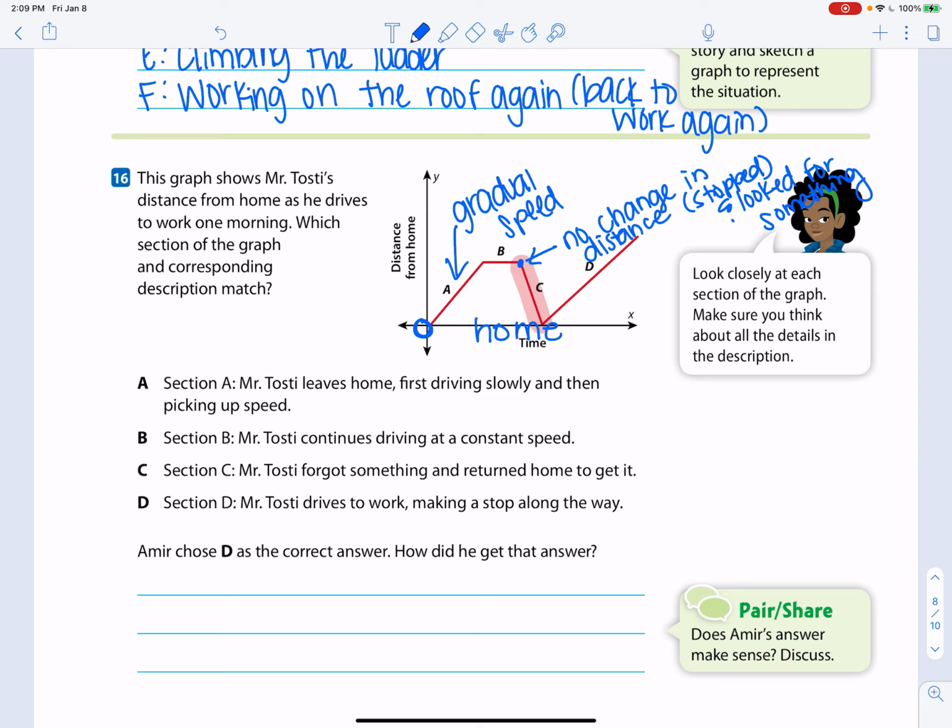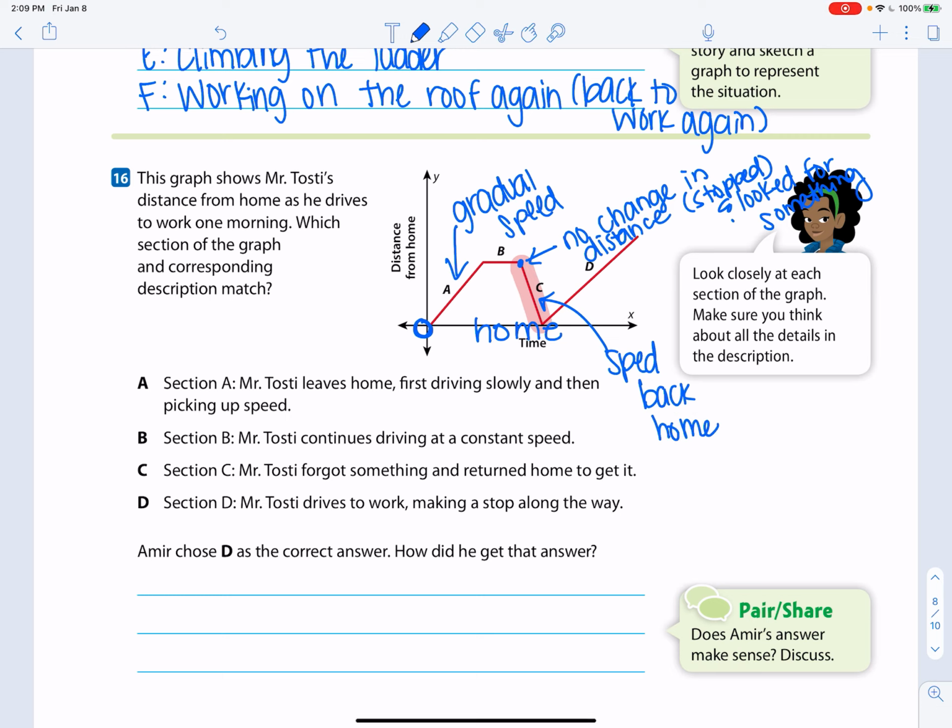But then in section C, all of a sudden, he quickly speeds home. He speeds back to 0, so all of a sudden he's back at home very quickly. So section C, he has sped back home because it's very fast. He covered a lot of distance in a short amount of time.